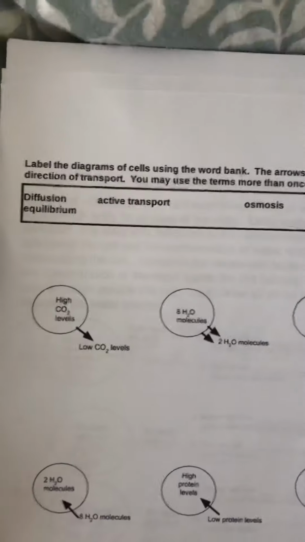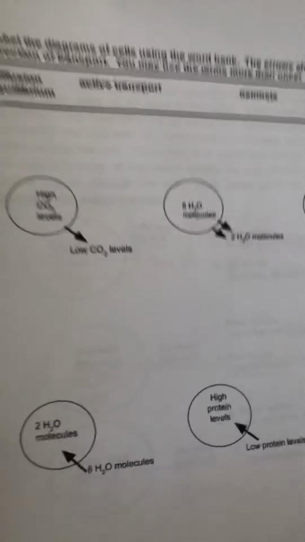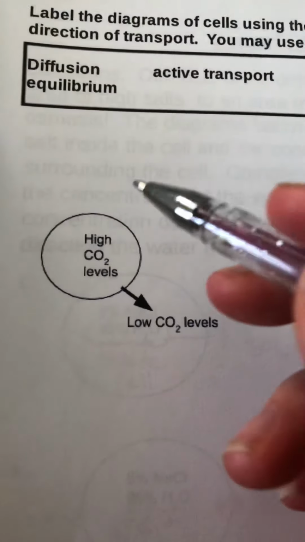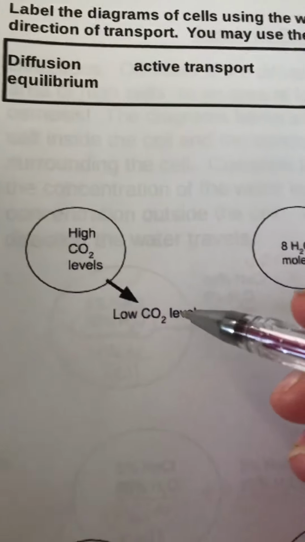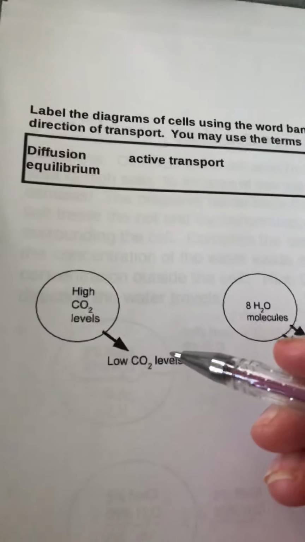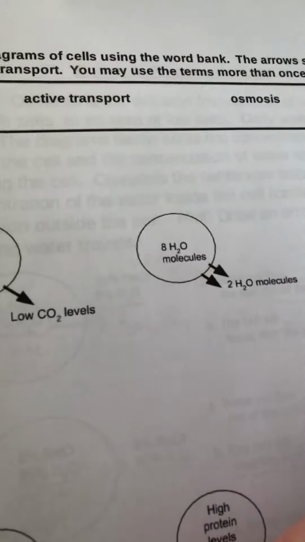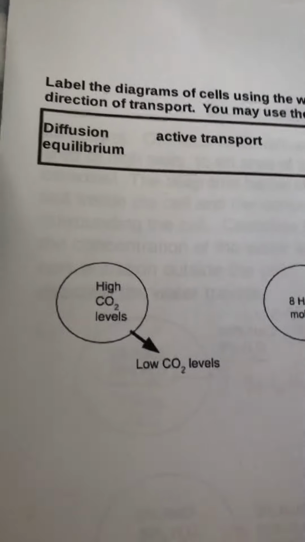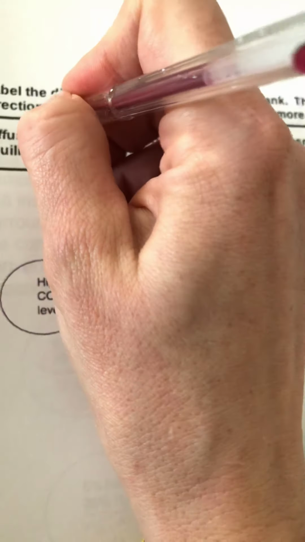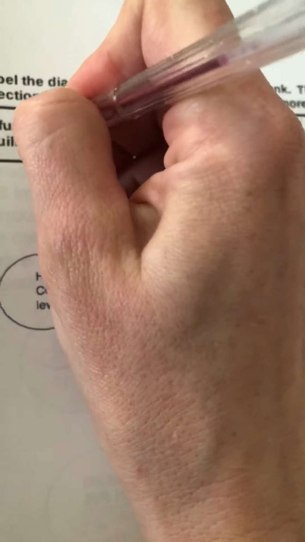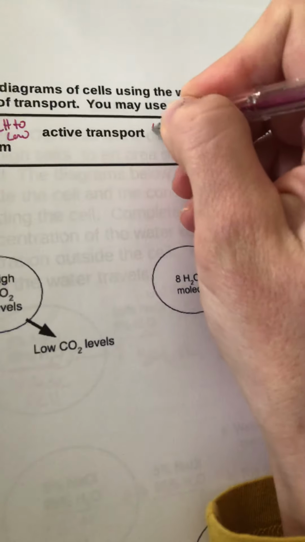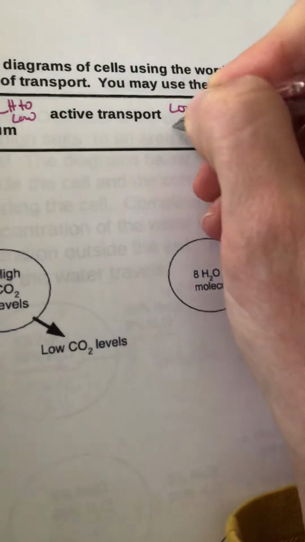Looking at page 4 in your packet, you have to use the word bank to answer about these 3. So the first one, you're moving from high to low. That one, I have diffusion, active transport, osmosis. Let me just put a little definition next to each one. Diffusion is high to low. Active is low to high.